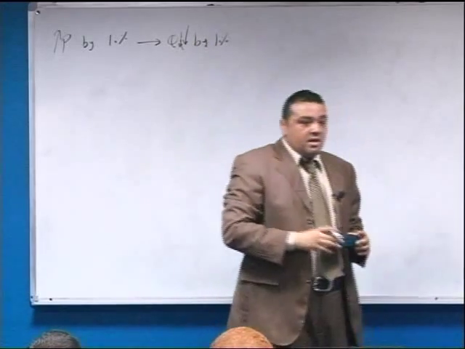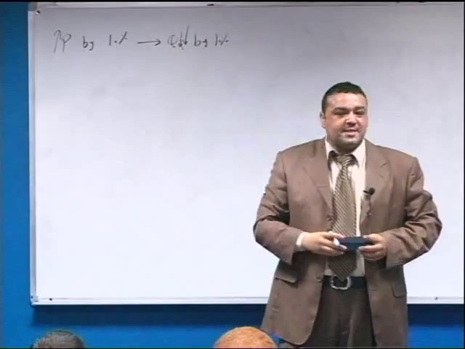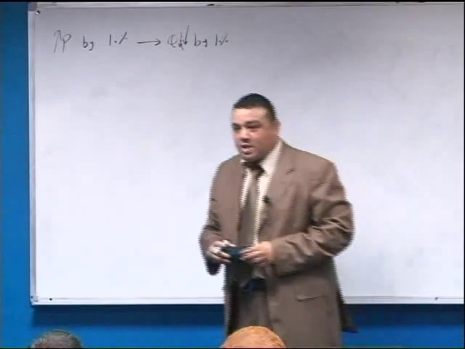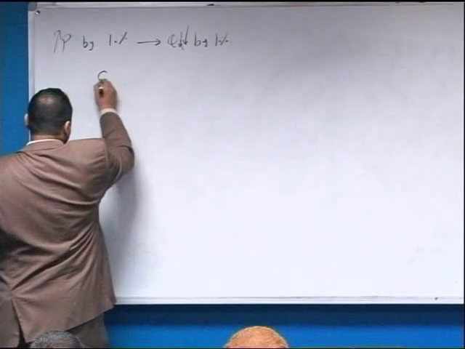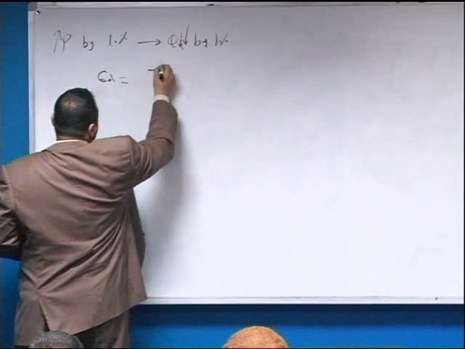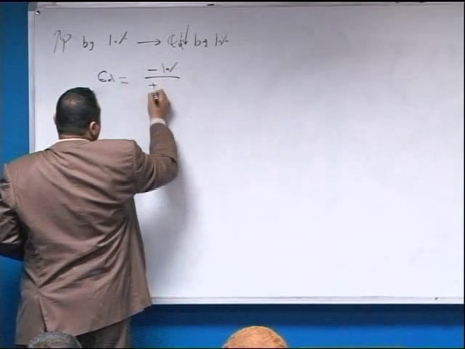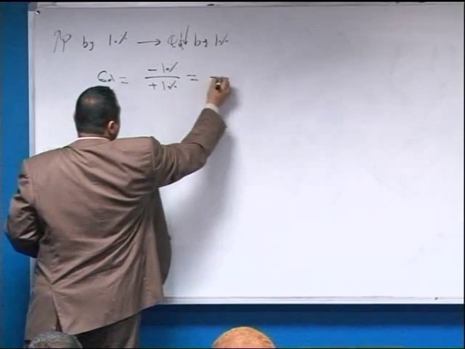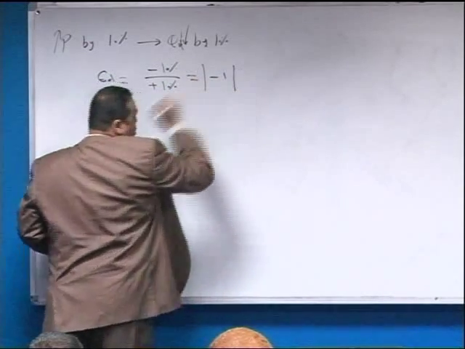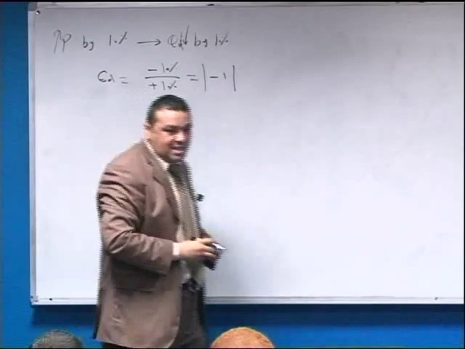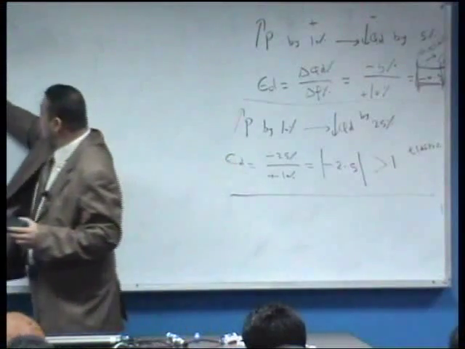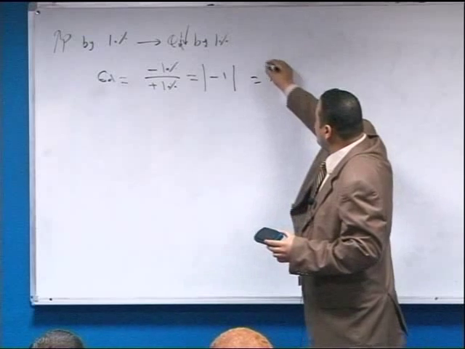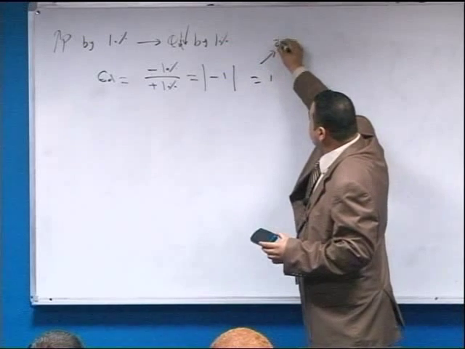In this case, the percentage change in the quantity demanded equals the percentage change in the prices. So ED equals minus 10% over positive 10%, which equals minus 1. So the absolute value of the price elasticity of demand equals 1. So it's called unitary elastic.